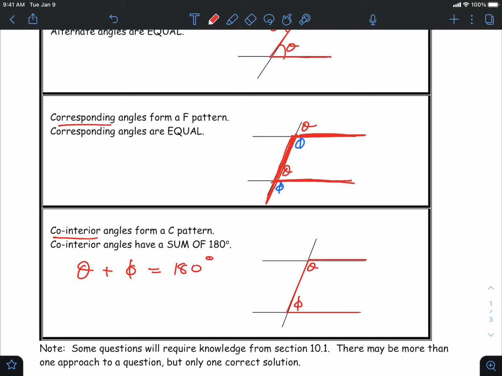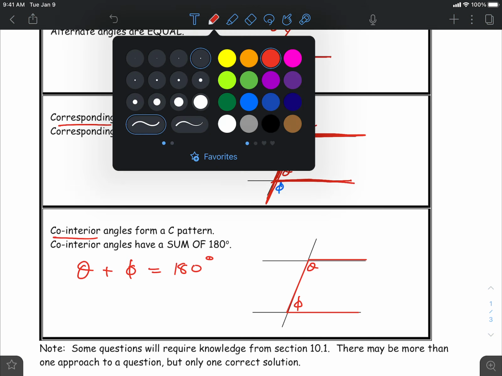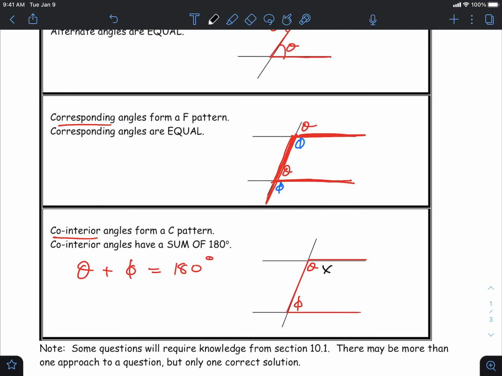Does anybody have any questions? You're just going to try and use these to your advantage to solve for angles within some particular shape, or on what we see on the next page. Still copying a little bit? That's all right. You can use X and Y, whatever.